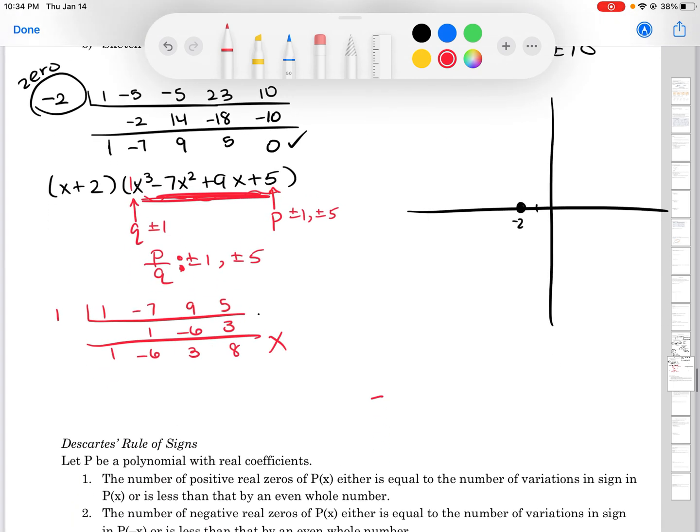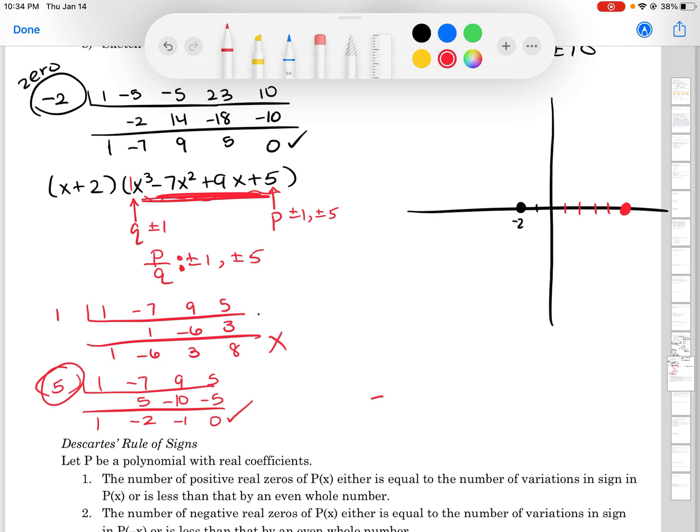That doesn't work. Maybe I try 5. So 1, negative 7, 9, and 5. 1, 5, negative 2, negative 10, negative 1, negative 5, 0. Perfect. So 5 is going to be another 0 here.